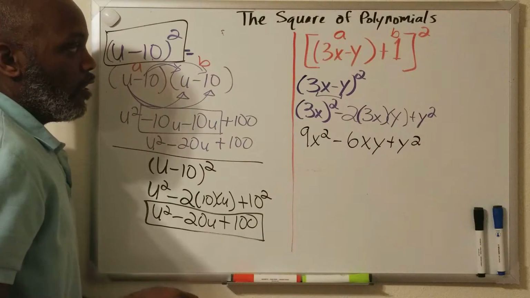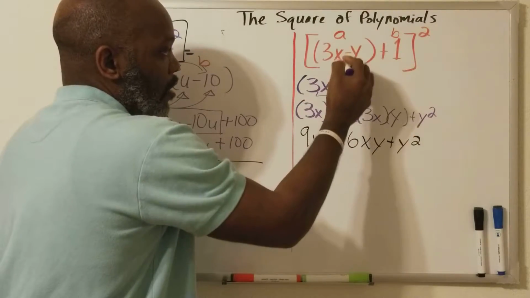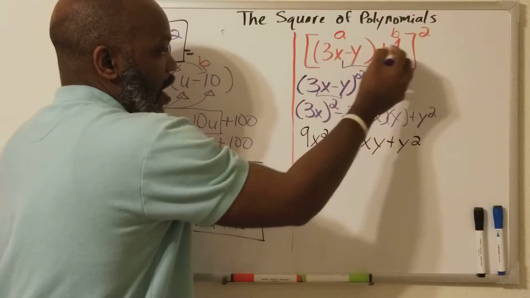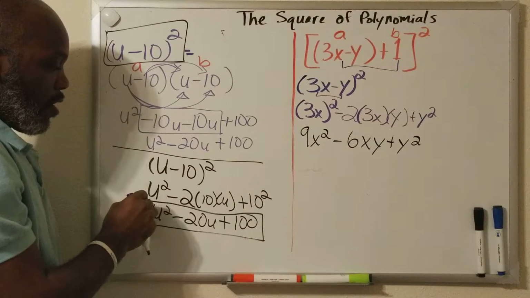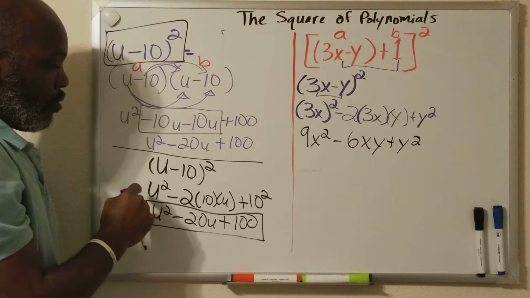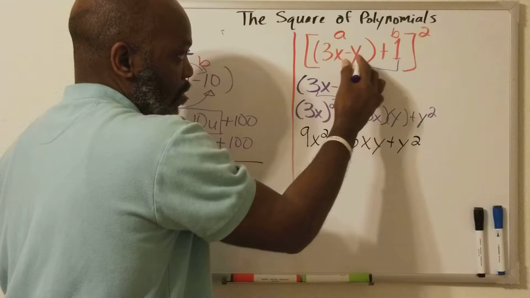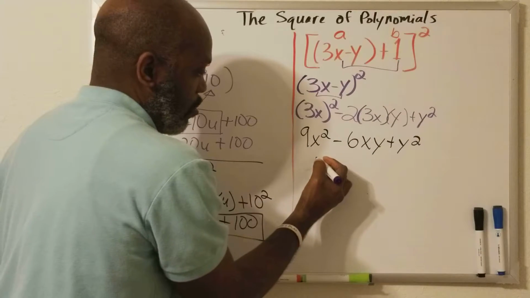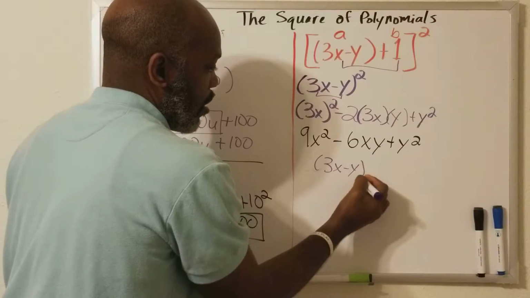Okay. Then what we now have to do, we have to multiply these two, remember, because that's our A and our B, just like over here, right? Just like over here, we have our A and our B, okay? And so we're going to multiply the 3x minus y times 1. So we have 3x minus y.